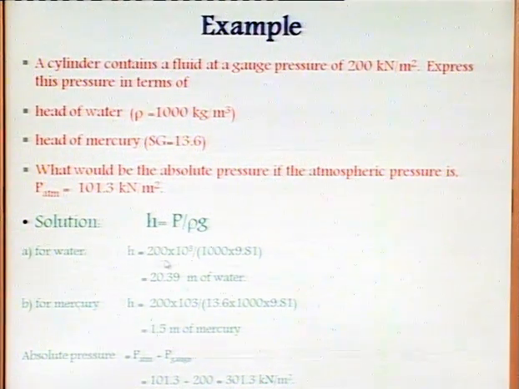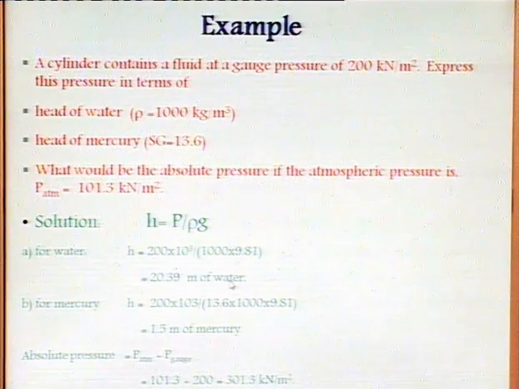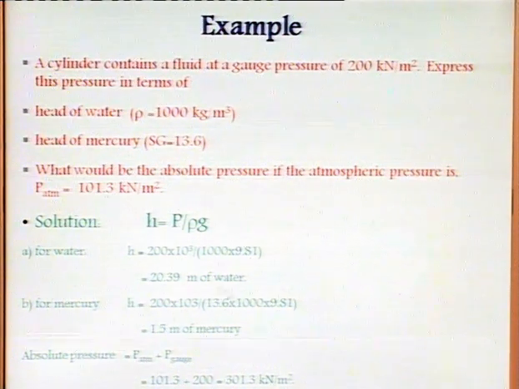So pressure is 200 into 10 raised to the power 3. Rho for the water is 1000 into g is 9.81. So height is 20.39 meter of the water. If we take water in a container, then the height for this pressure is 20.39.